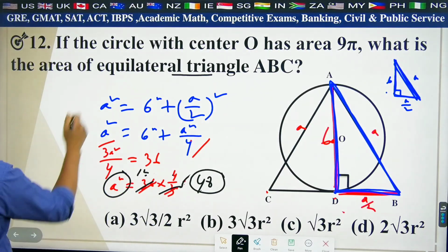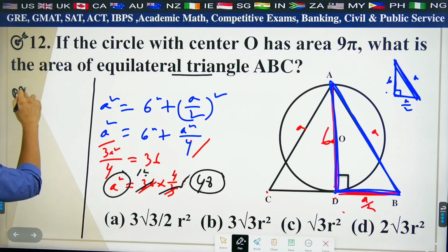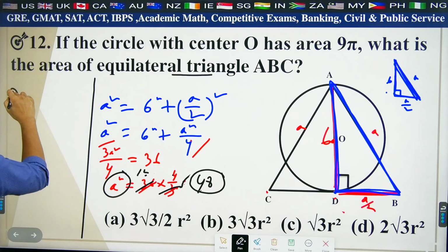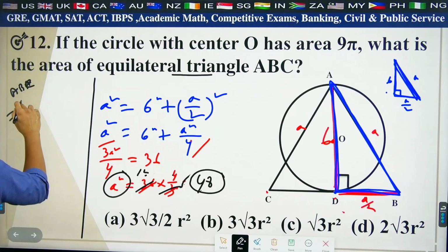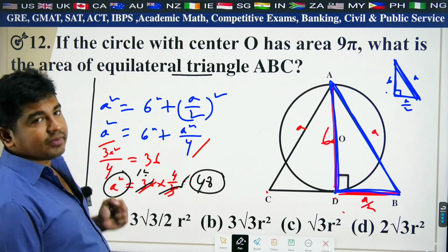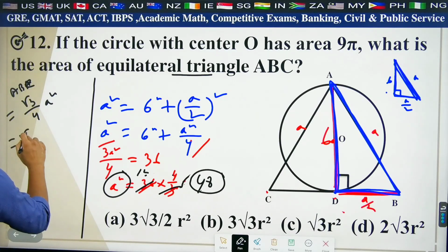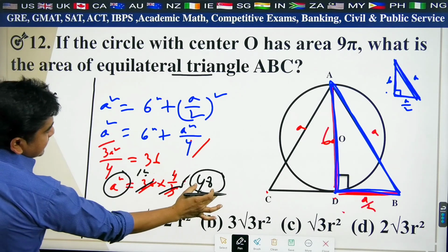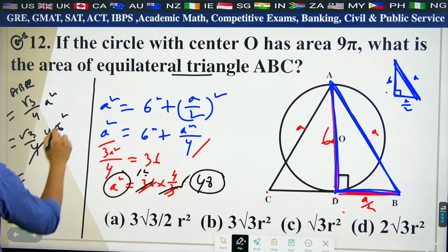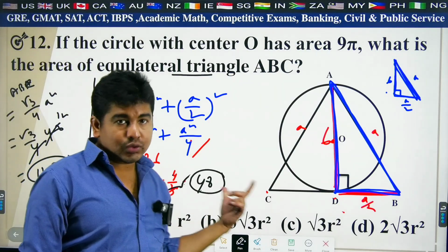We know the area of an equilateral triangle equals root 3 by 4 a square, where a is the side. So you can write root 3 by 4 a square, and the value of a square equals 48. So 12 root 3 is the answer. The answer is 12 root 3.